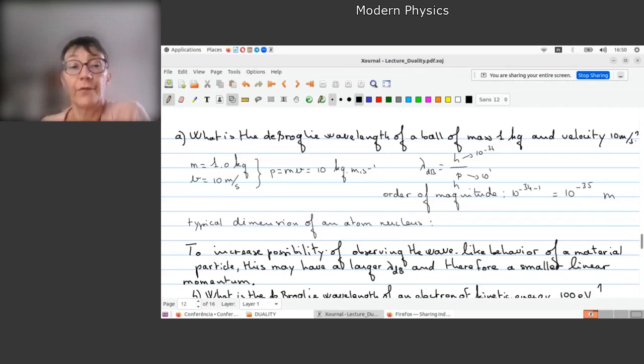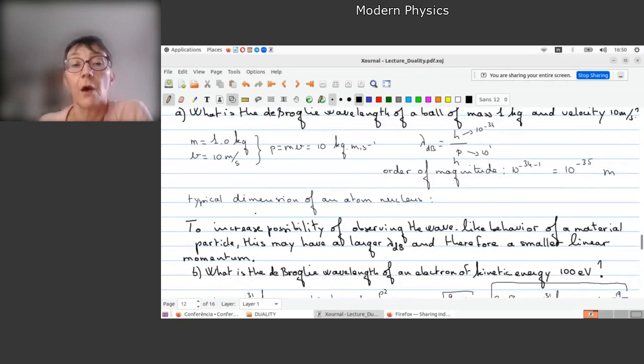Let's compare it with the typical dimensions of an atom. The Bohr radius, for example, which gives you the typical size of an atom, is 0.5 angstrom, so 0.05 nanometer.